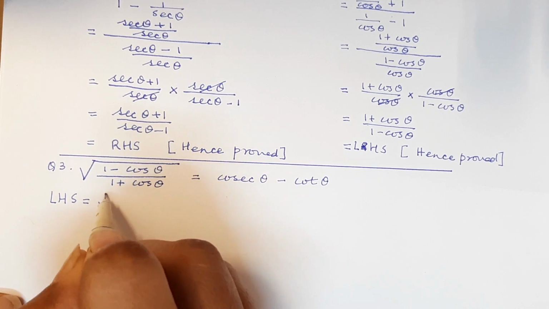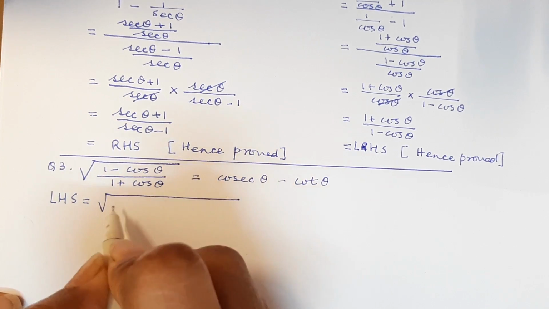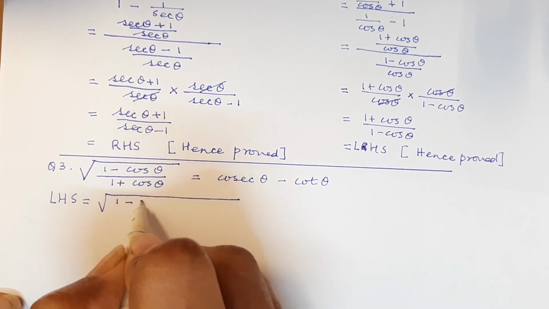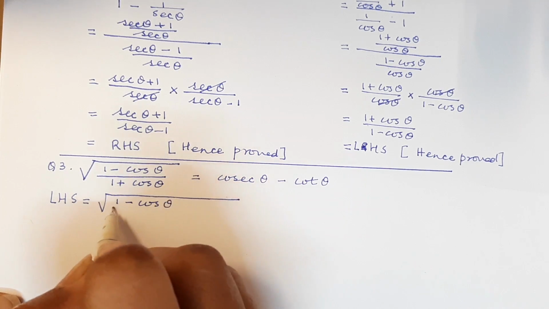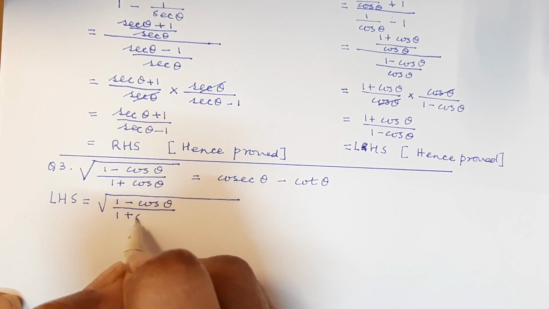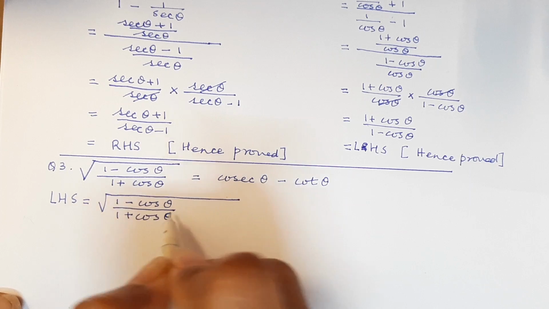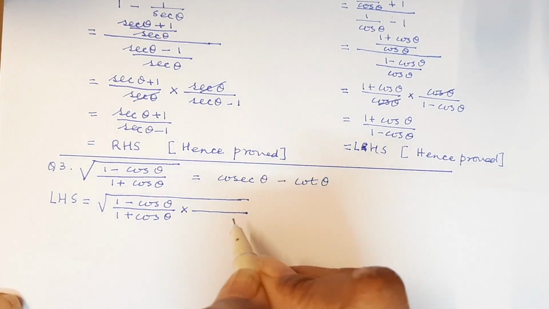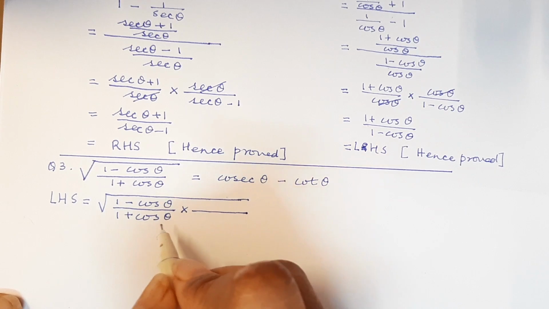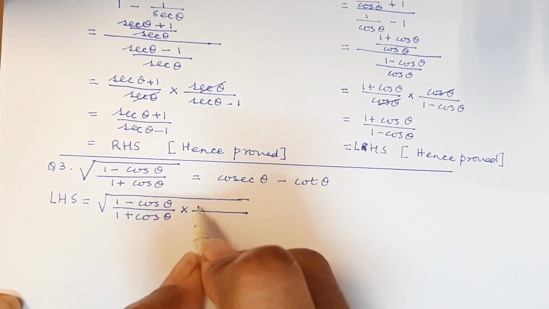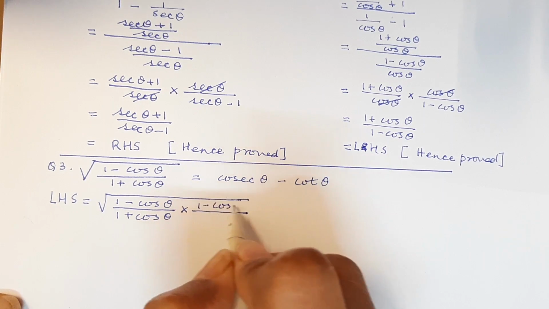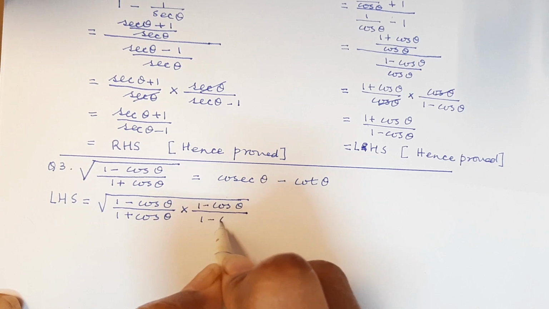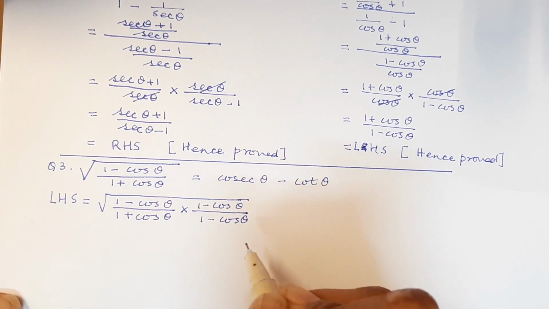So what we do is we take this square root sign, and under that square root sign we will write what was given to us, and we will multiply and divide by 1, which means I am going to take now (1 minus cos theta) upon (1 minus cos theta), kind of rationalizing the denominator.